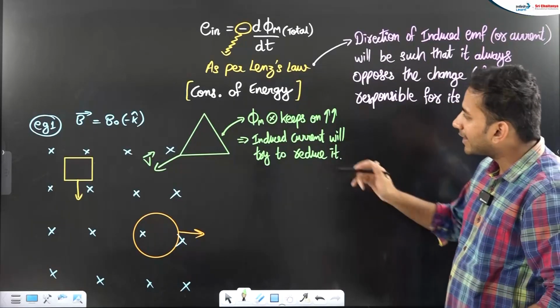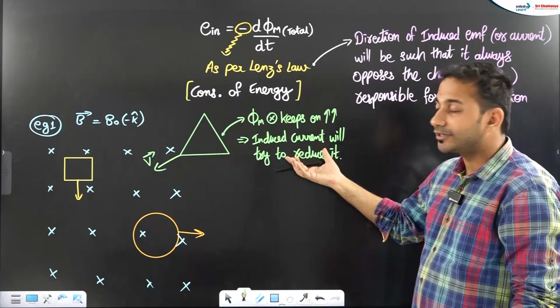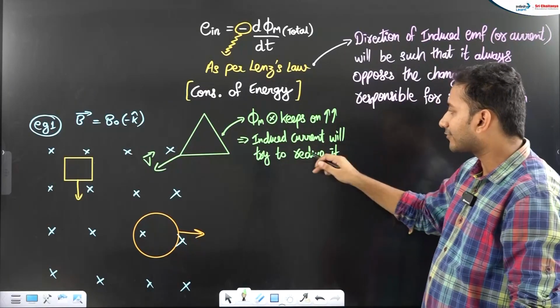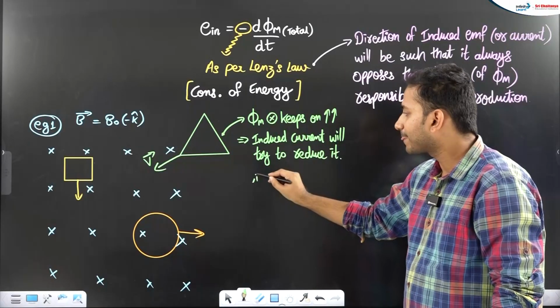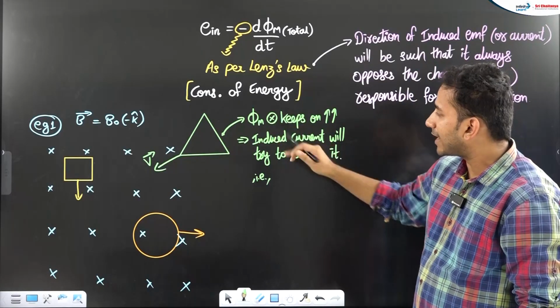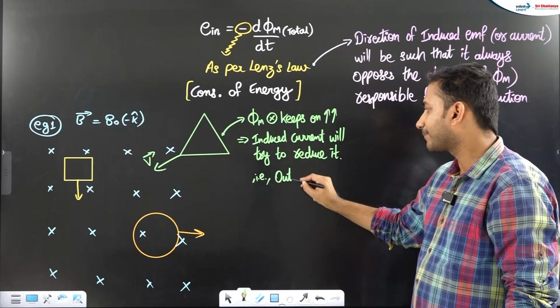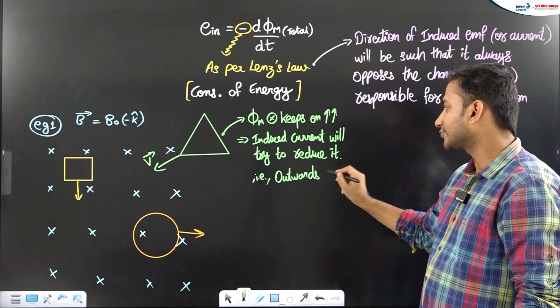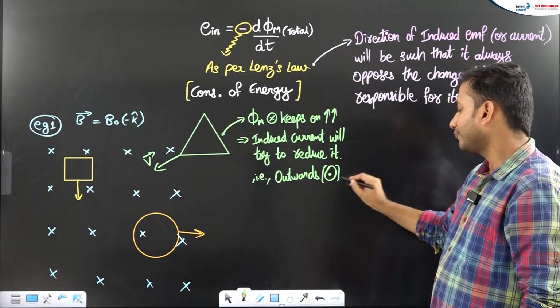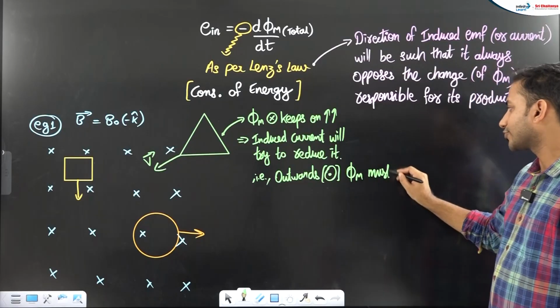Alright, so inward magnetic flux keeps on increasing. There will be an induced EMF, there will be an induced current that will try to reduce it. That is inward, or you can say cross magnetic flux, so if you want to reduce it, which means outwards dot magnetic flux must be produced.